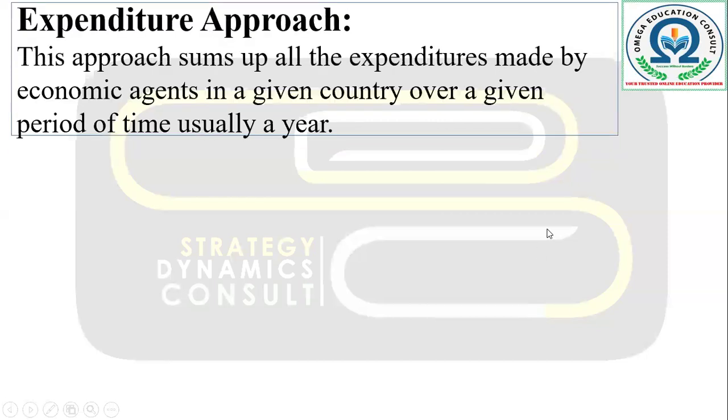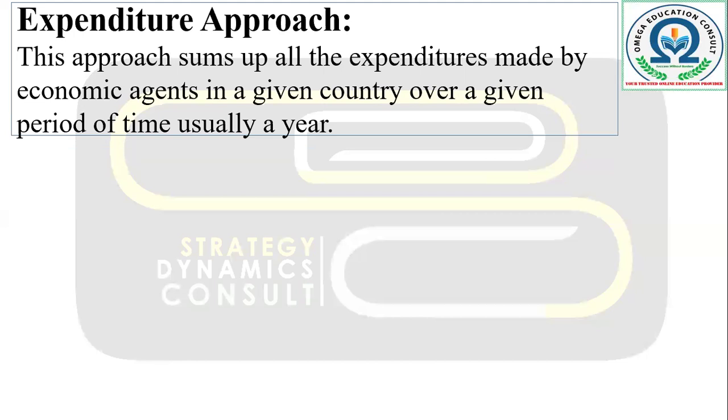So now the expenditure approach. We said the expenditure approach computes national income by summing up all the money spent by all economic agents in a given economy. Once we do that, we arrive at the expenditure approach in the computation of national income.